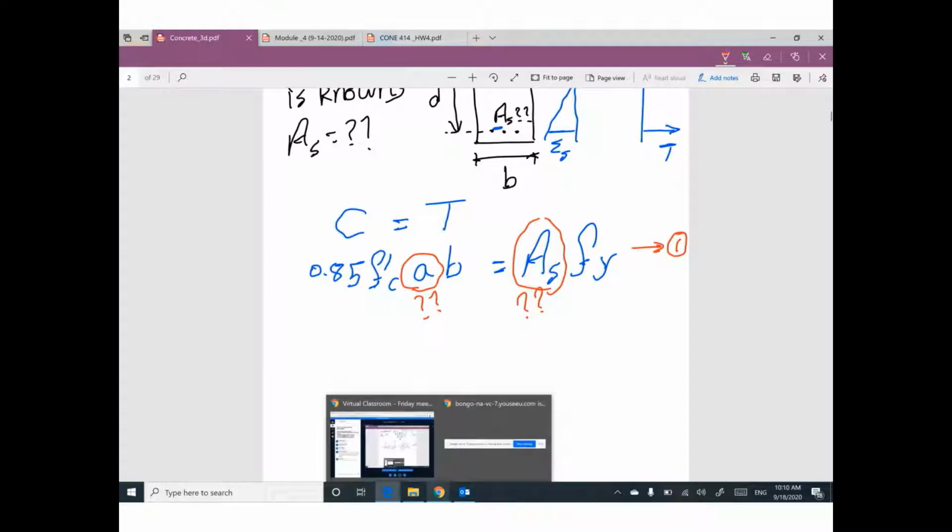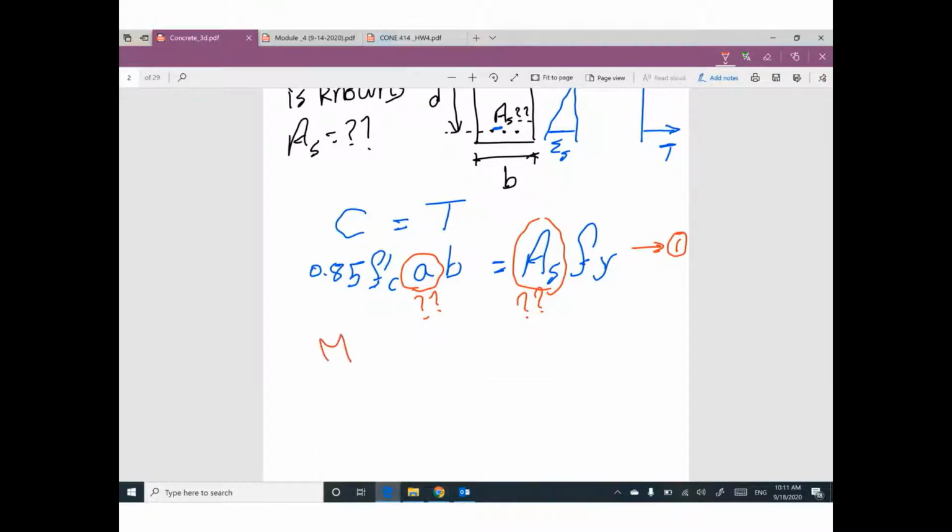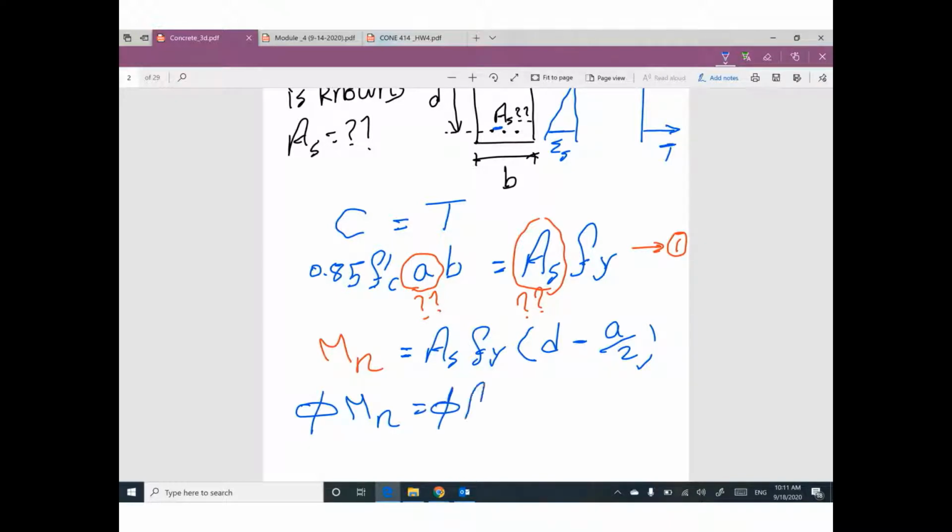We learned we have something called Mn, nominal moment. Do you remember? Equal area steel F yield times D minus A divided by 2. If you multiply this nominal moment by phi, the other side will be multiplied by phi. That's right.